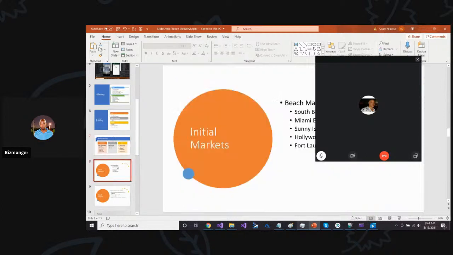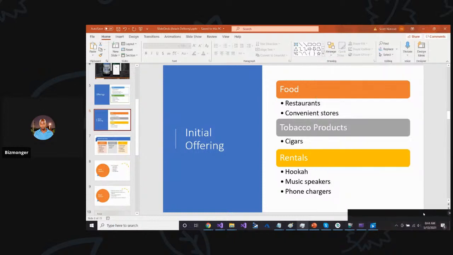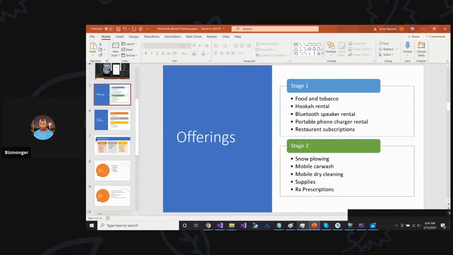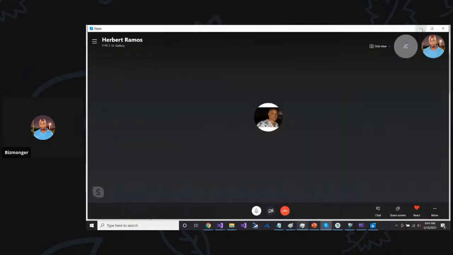I think it's good that you're narrowing it down to, let me cater to people, let me solve this problem. People who go to the beach go empty-handed. They may bring a soda with them, but they don't have umbrellas. They didn't bring music. Their phones are about to run out of battery because, like you say, they're on Instagram all the time. That makes sense. So solve that problem.